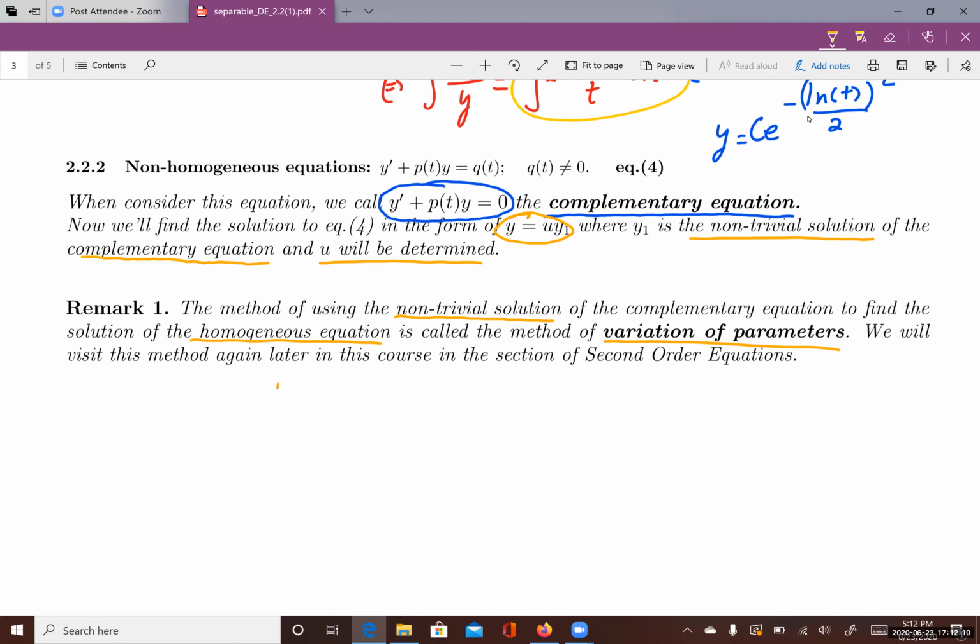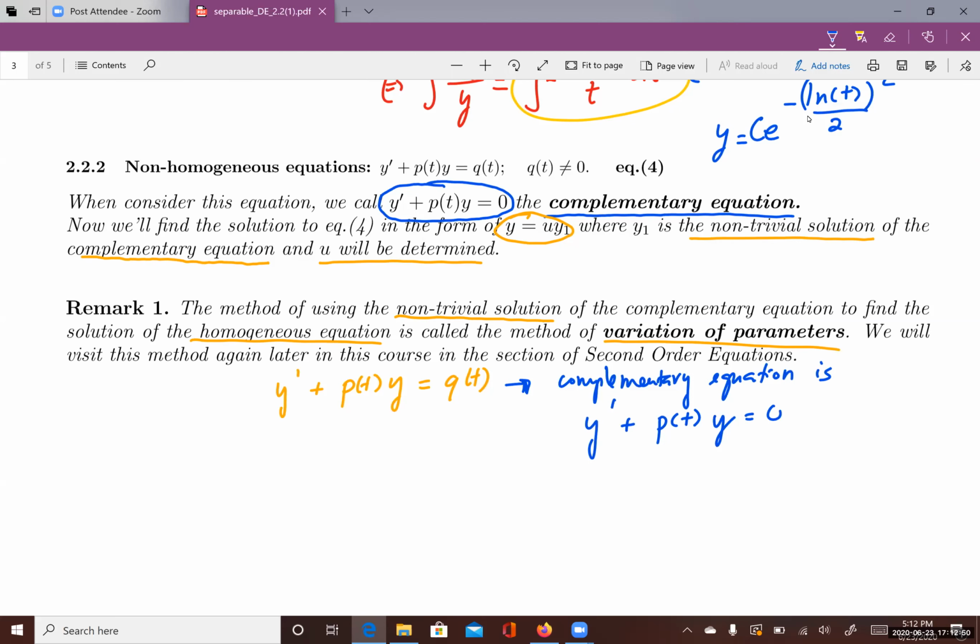First we consider this non-homogeneous equation, which you want to solve using its complementary equation. The complementary equation of this equation is y prime plus p of t times y equals 0.